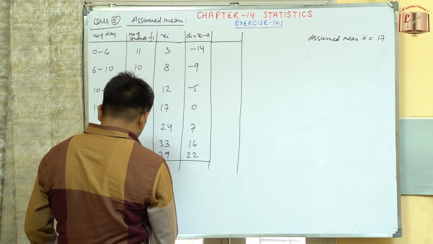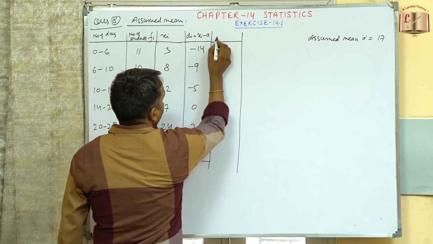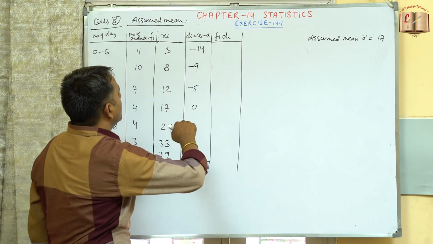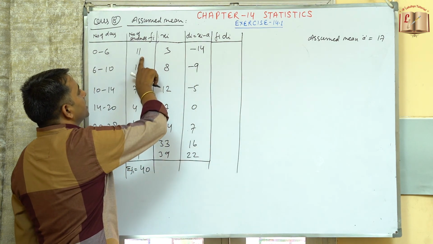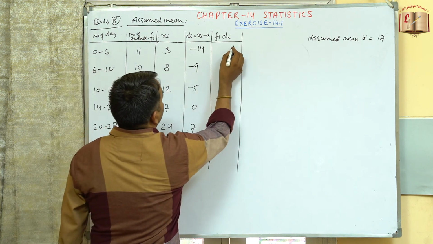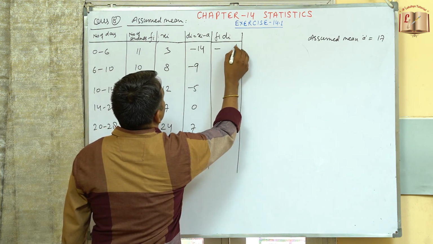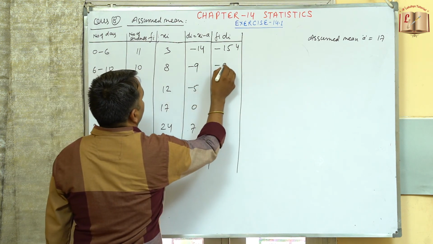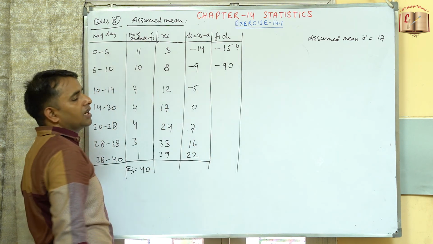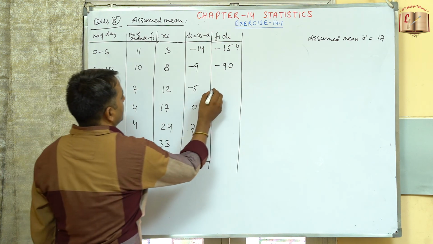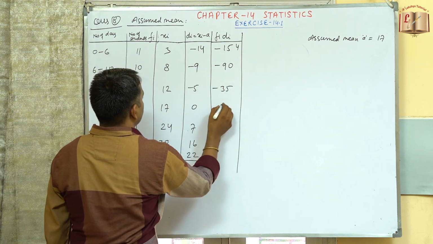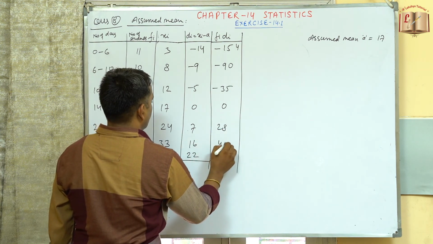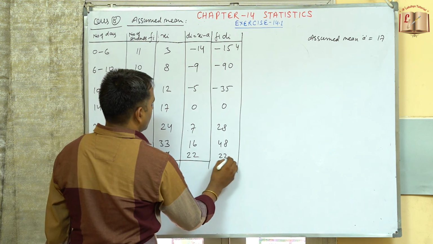So now we can calculate the fi di. So fi into di. Di is already known and fi is given. So for the first this will be minus 154, and next it would be minus 10 into 9, minus 90, then minus 35, then this will be 0, then this will be 28 and 48, and the last one would be 22.